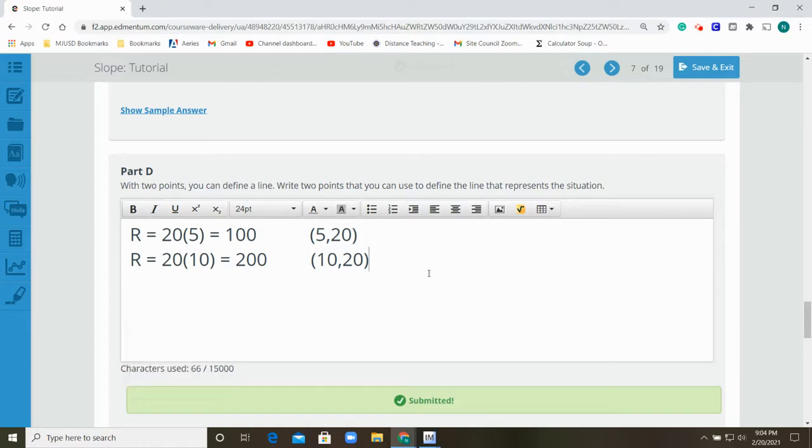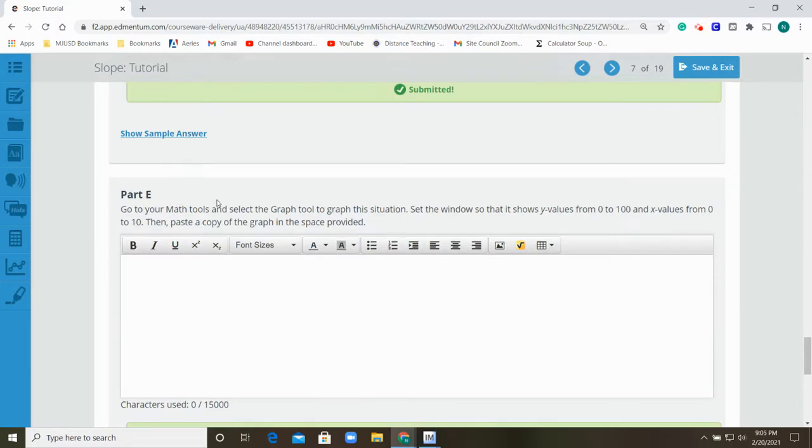So, in theory, any of these would work. As long as you could put it on that table and put it into the formula or the equation, it will work to create 2 points. Point 1, point 2, point 3, point 4, point 5, point 6, and so on.